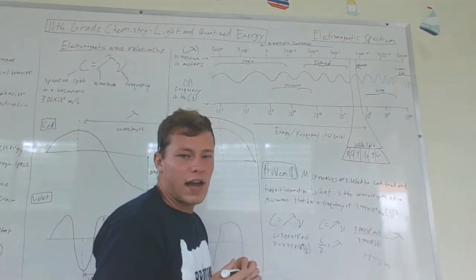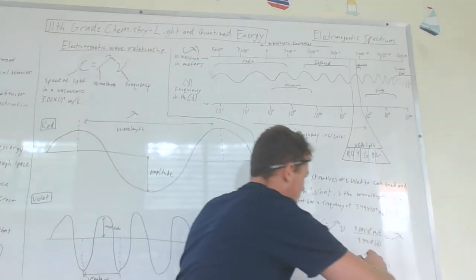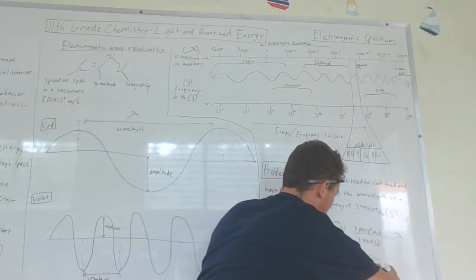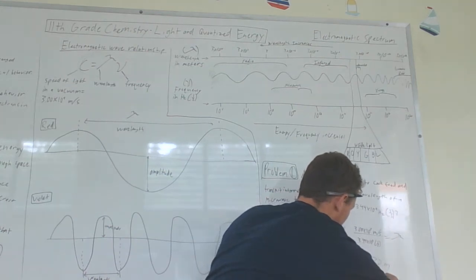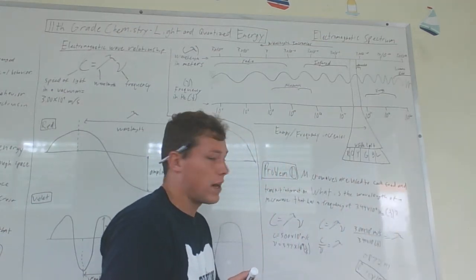But we want that in scientific notation, remember, because that's how we do this. So in scientific notation, that's 8.72 times 10 to the minus 2 meters. Okay. So both are the same answer, but they're different ways of getting there.